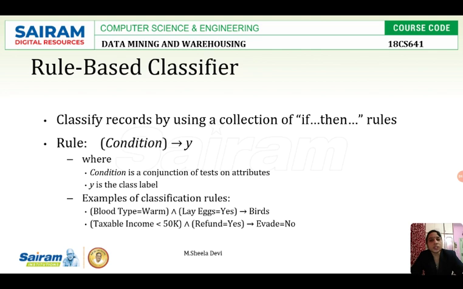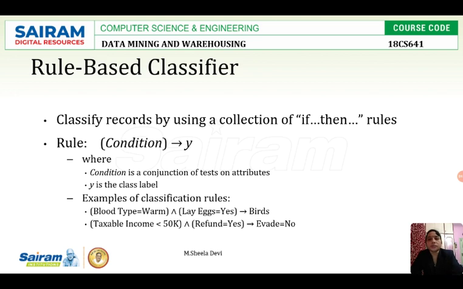So if it satisfies these two conditions, then the fruit will come under the classification called apple, or if the size is less than or equal to 5 centimeter, it will come under the classification tomato. So if any condition is satisfied, it will be under this classification. This is nothing but a rule-based classifier.